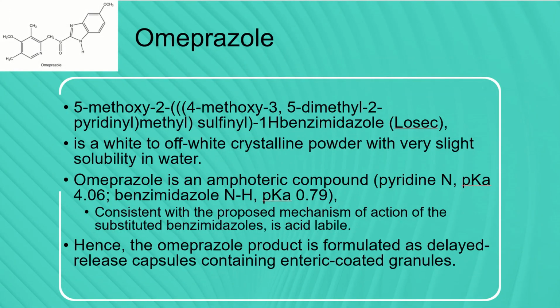All right, so let's talk a little bit about omeprazole, and that is the structure of omeprazole. The X, Y, Z, and R are methyls and methoxy, right? Everything else is the same. It's an off-white crystalline powder, with very slight water solubility. It's an amphoteric compound. So it has a pyridine nitrogen with a pKa of 4.06 and a benzimidazole nitrogen with a pKa of 0.79.